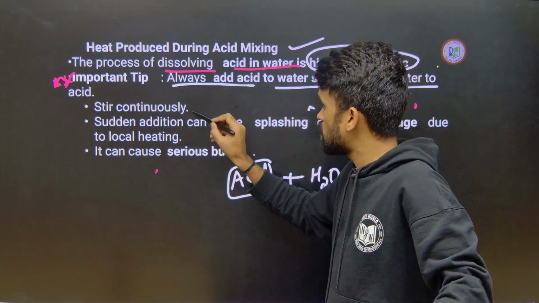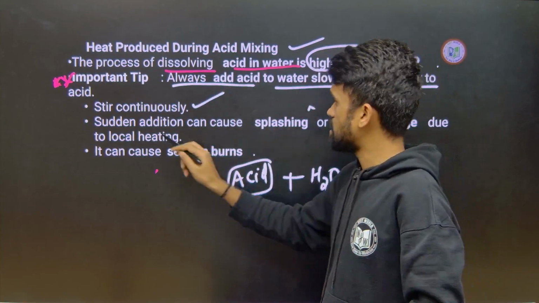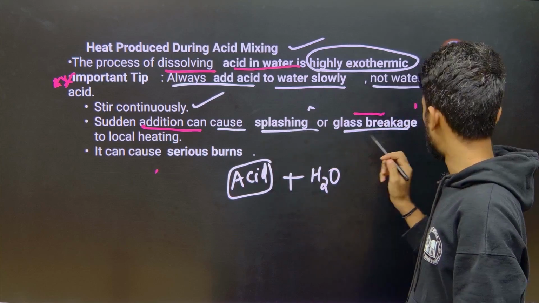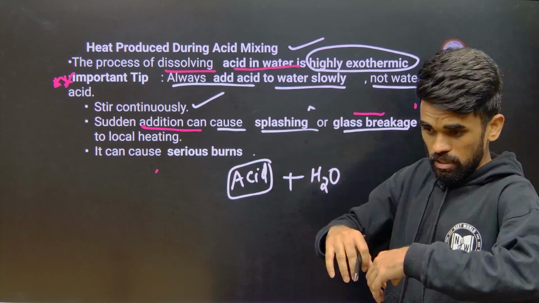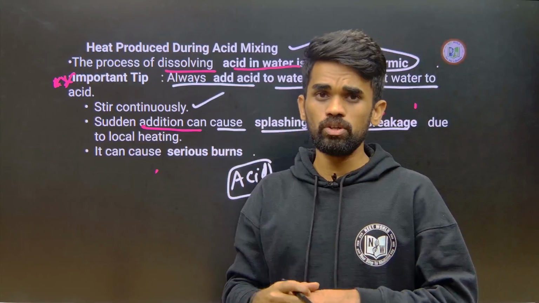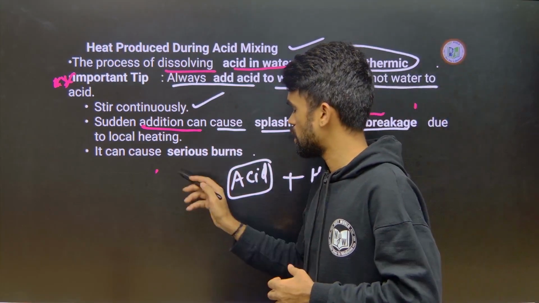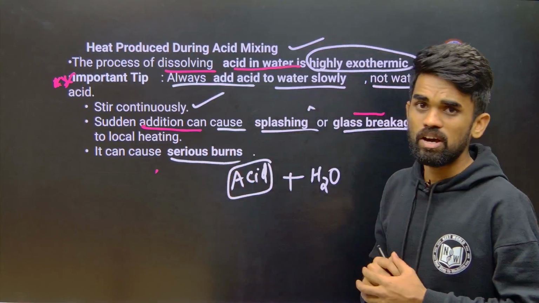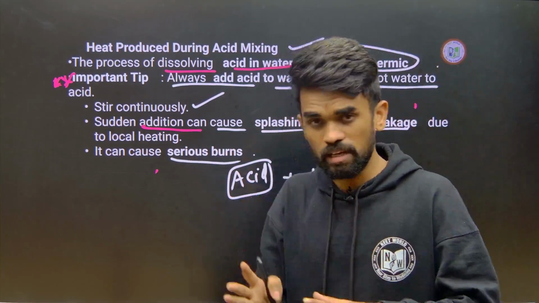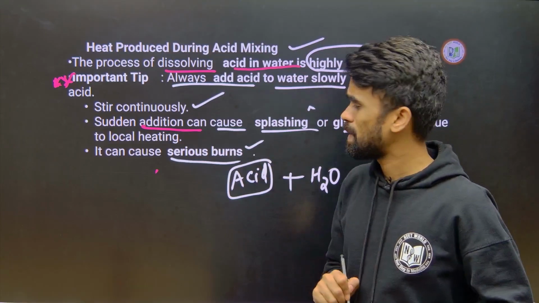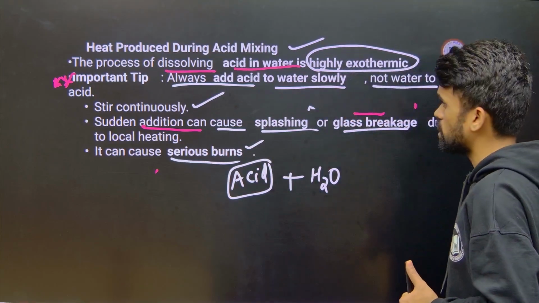Proper stirring is required, stir continuously, because sudden addition can cause splashing or glass breakage. This is due to the evolution of a highly exothermic reaction, the release of heat. It can cause very serious damage, like serious burns. So this is what you need to keep in mind.